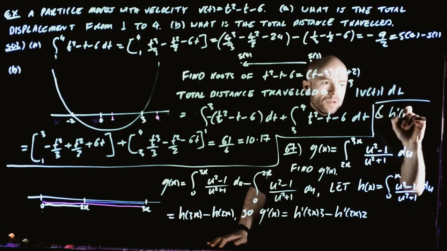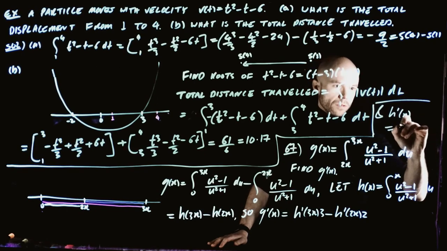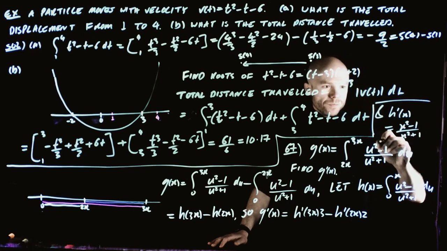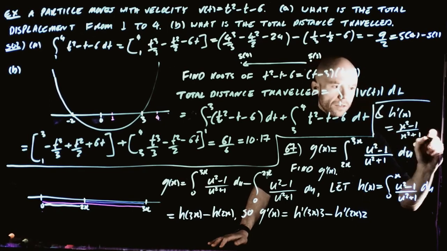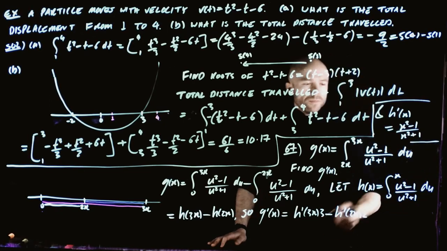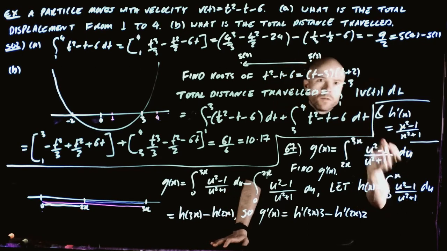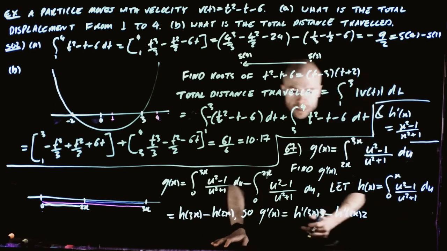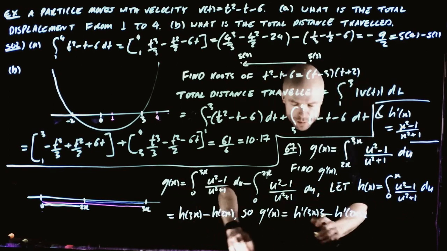And h prime of x is just equal to x squared minus 1 over x squared plus 1. That is what we know. Look back if you're unfamiliar with this. Hopefully at this point you're very happy with derivatives of expressions like this. So we can just put in what this stuff is.